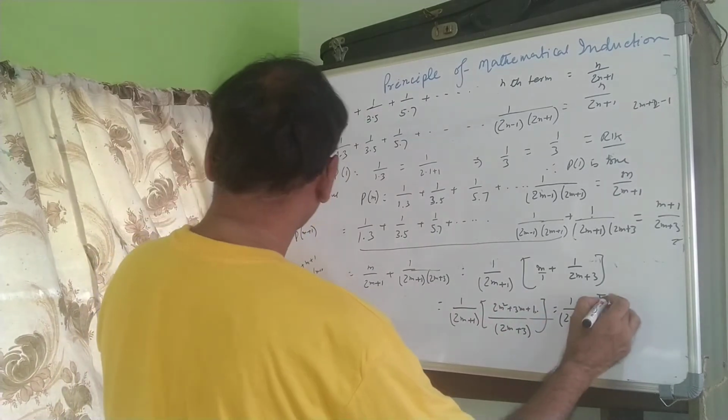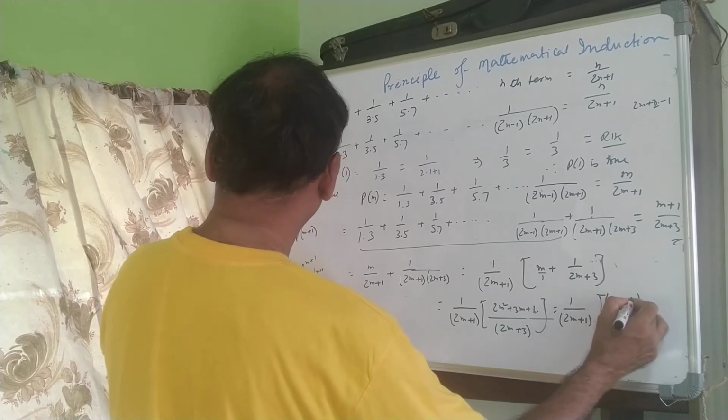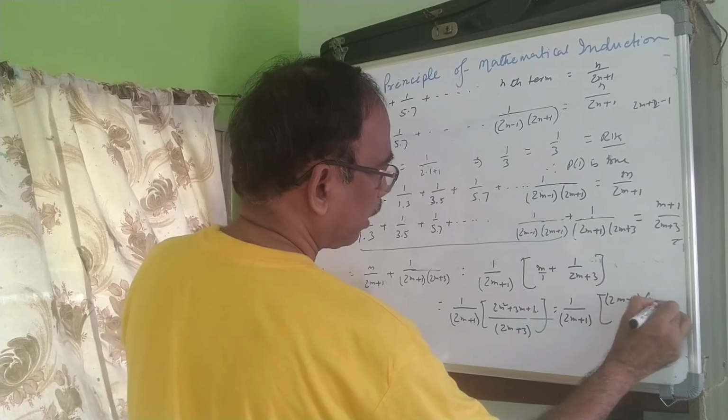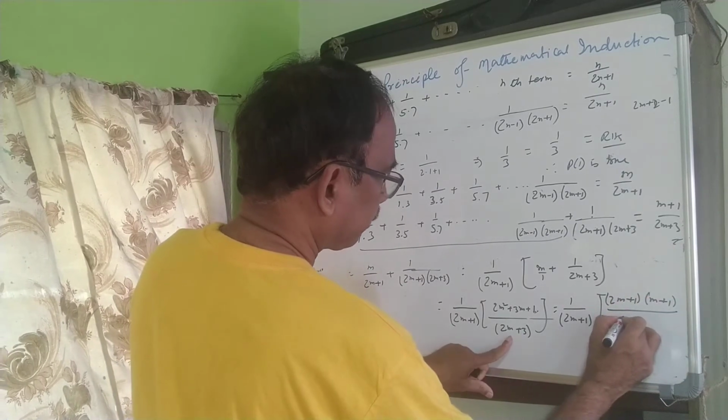Factorize this, that is (2m+1)(m+1) over (2m+3).